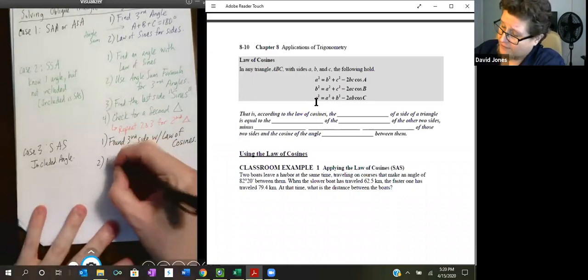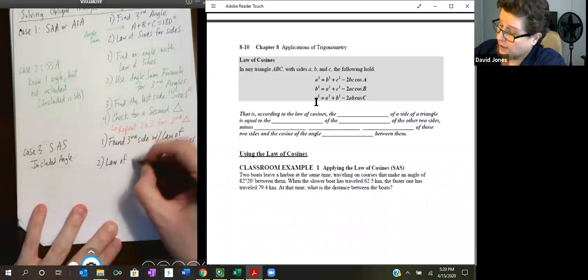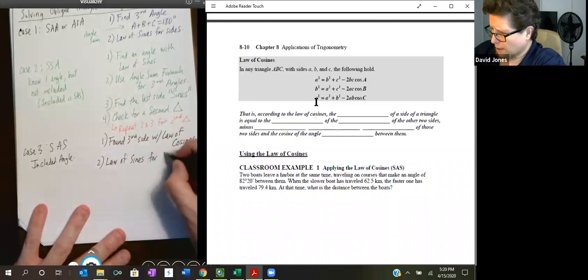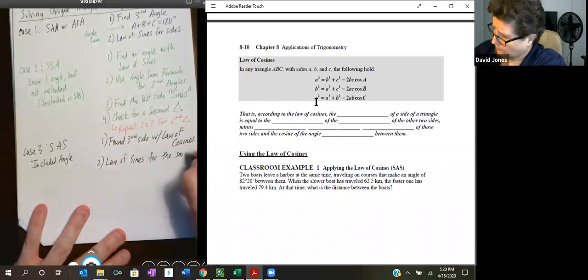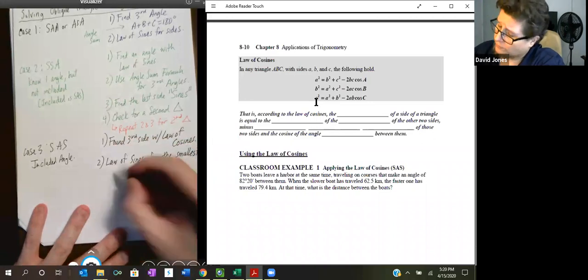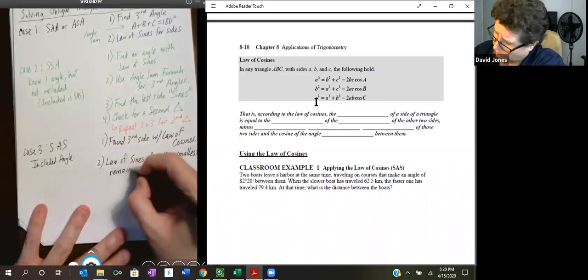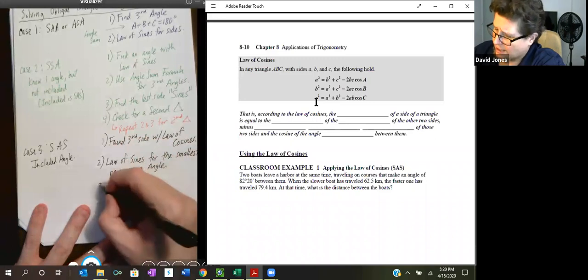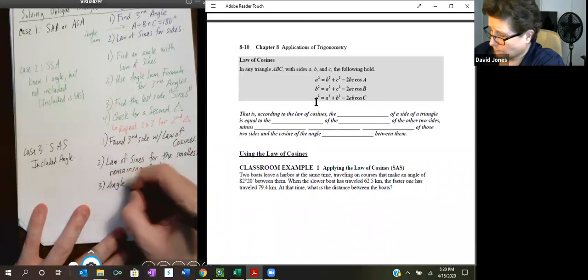Then law of sines for the smallest remaining angle. And then the angle sum formula.